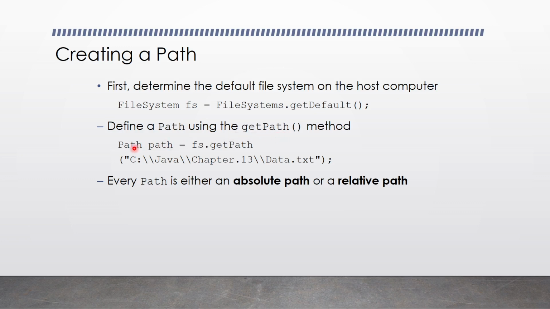With Path, an object path is equal to fs.getPath, specifying this path of data with a file name, data, and extension .txt. Recall that the backslash is used as part of an escape sequence in Java.